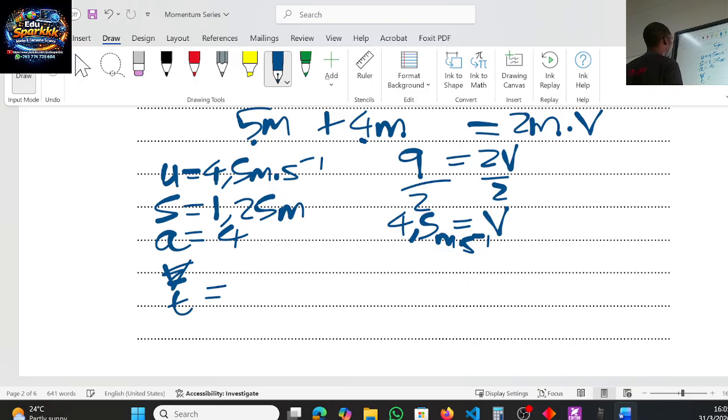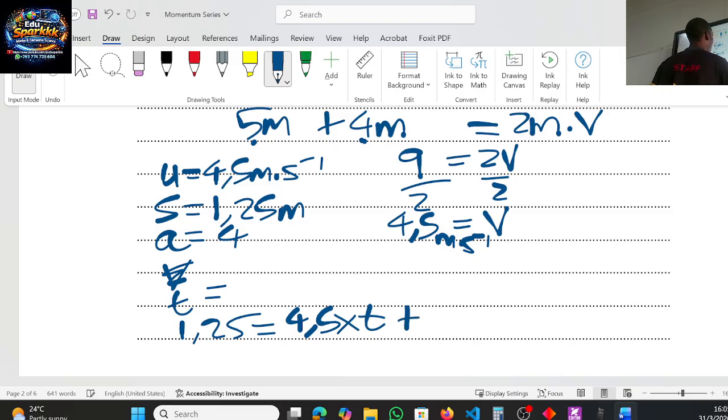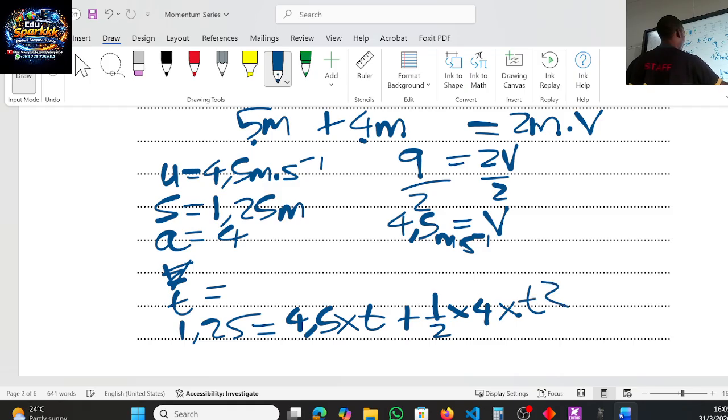So I can use the equation s equal to ut plus half a t squared. So 1.25 equals 4.5 multiplied by time, plus half the acceleration, which is 4, multiplied by t squared.